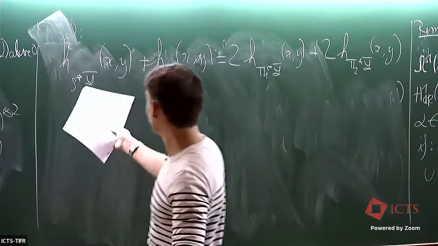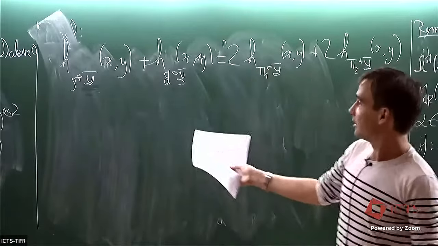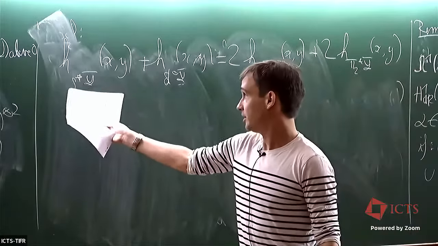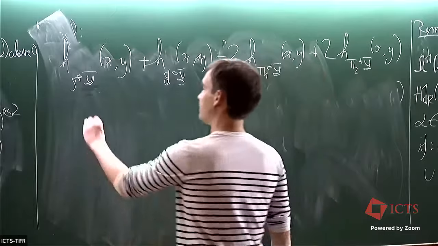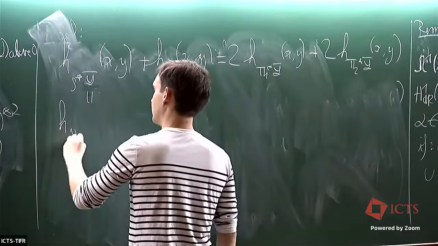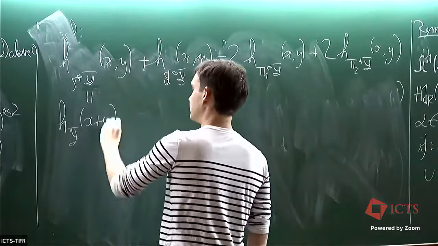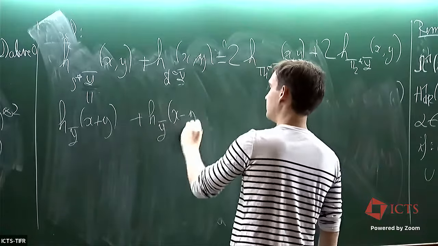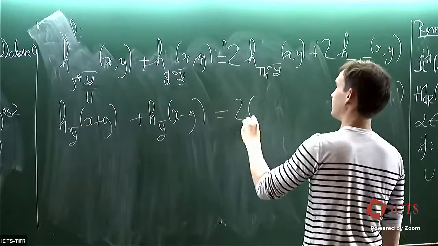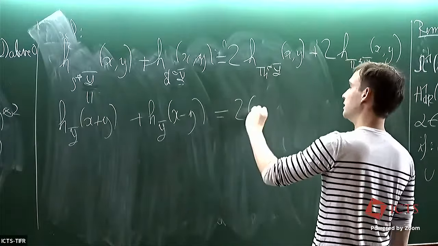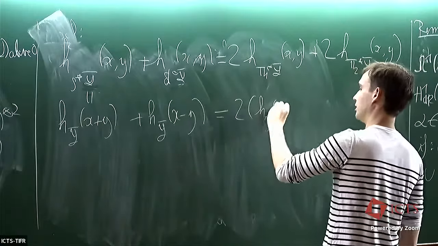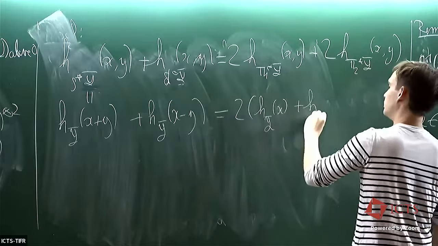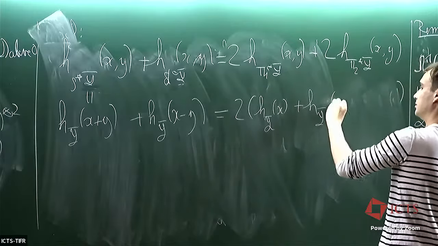But now the pullbacks work exactly as you imagine. So I just apply the map here and check what happens. This is H L bar of x plus y plus H L bar of the difference x minus y. And now it's 2 times, I just forget about y here, H L bar of x plus 2, sorry, H L bar of y.